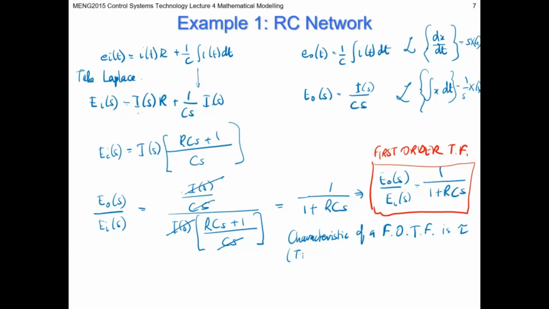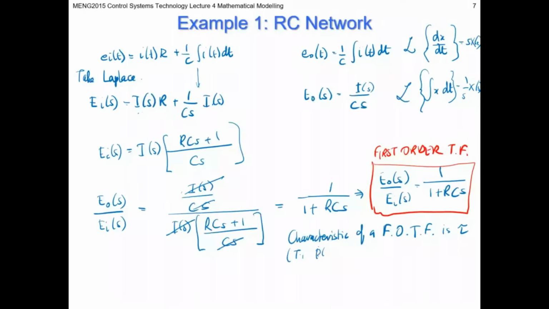So the transfer function C over R is going to be equal to 1 over 1 plus tau S. So that implies, in this case, tau equals RC.